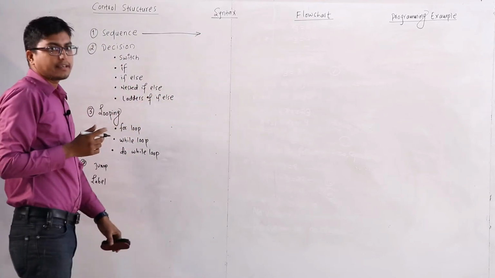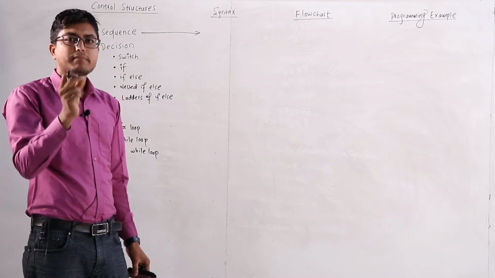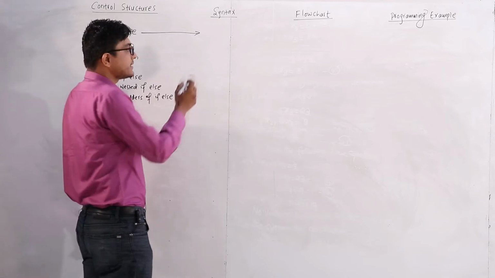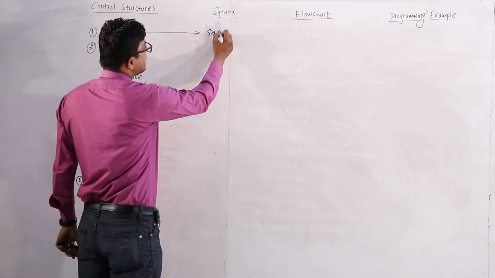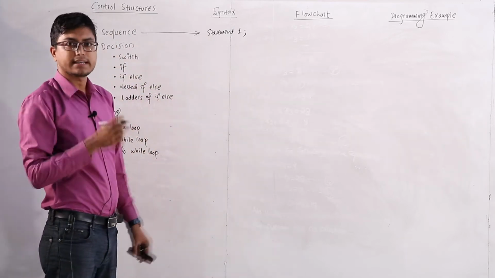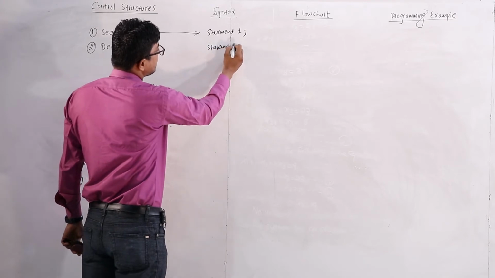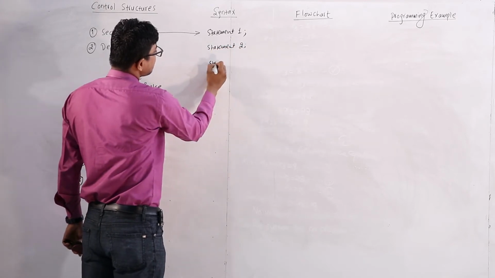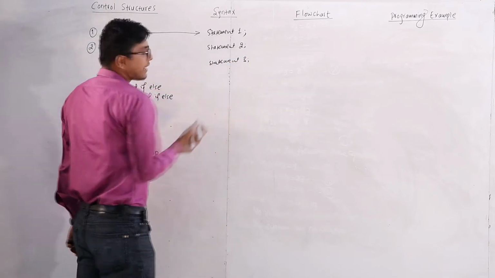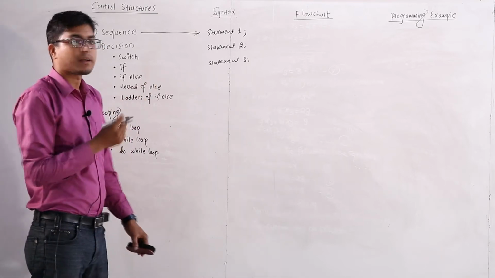What is sequence? If all the instructions of a program are executed one by one, that is called sequence. It means the syntax of sequence is: statement 1, or instruction 1, is executed. After that statement 2, statement 3, and however many instructions or statements there are in the program, they all are executed one by one.